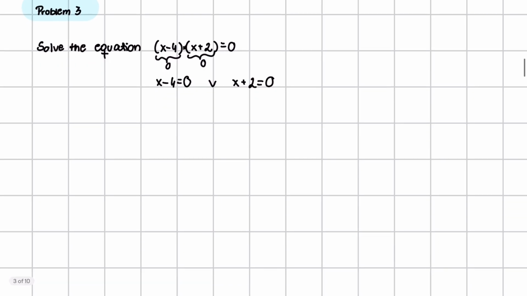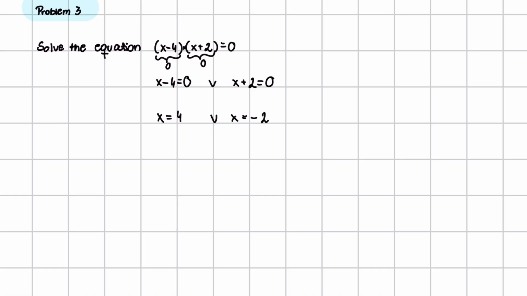Now we can move minus 4 to the right, so we change its sign, so x equals 4, or x equals minus 2, because we move positive 2 to the right, so we change its sign, so it's minus 2.